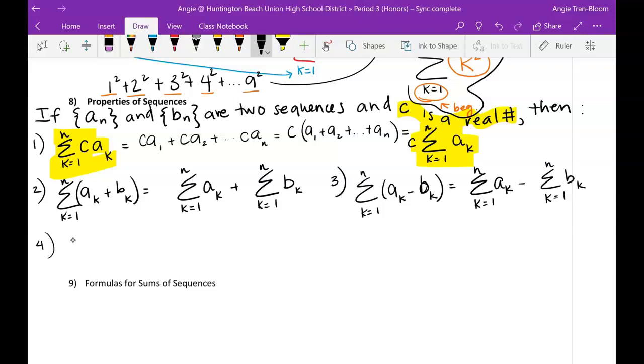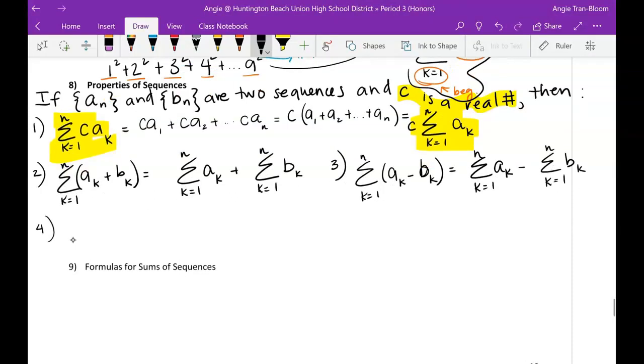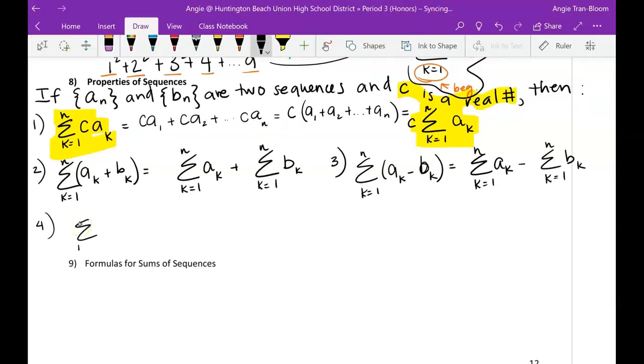And for our last property of the sequences, if I have the summation of k equals 1 to the nth power of a subscript k. Oops, my bad, we don't start at 1 anymore. Of things that don't start at 1, like j plus 1. And j is whatever positive number it wants to be. We'll define j in a little bit.